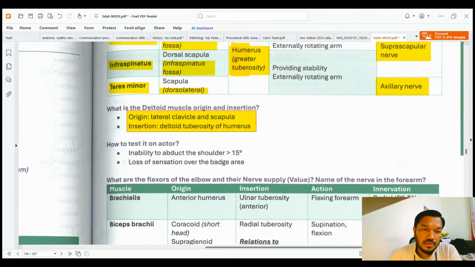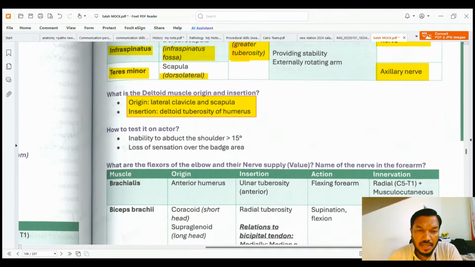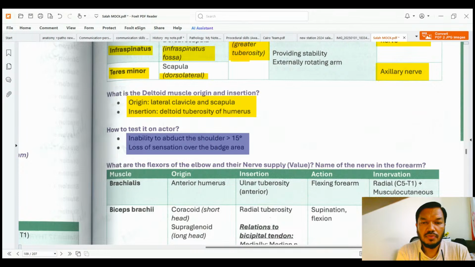How to test it on an actor? Inability to abduct the shoulder above 15 degrees and loss of sensation over the badge area.